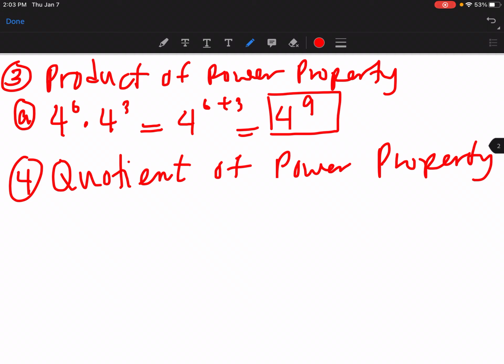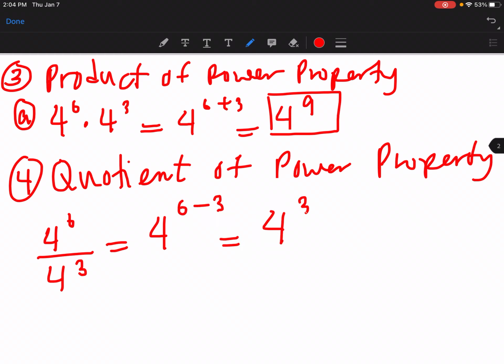So if I have 4 to the 6 all over 4 to the third, the quotient property says that if I divide two bases that are the same, I can subtract their exponents. So this is the same as 4 to the 6 minus 3, which is equal to 4 to the third power.